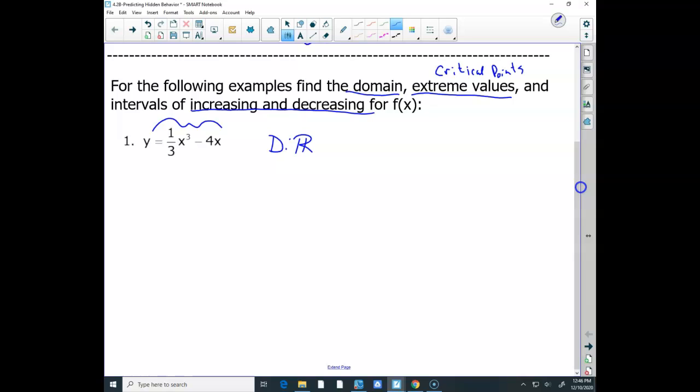So now to find my extreme values, I need my critical points. Critical points happen when f prime of x equals 0 and when f prime of x does not exist. Well, because this is a polynomial function, the derivative exists everywhere because they're continuous and differentiable everywhere.